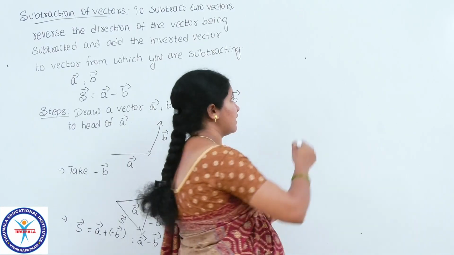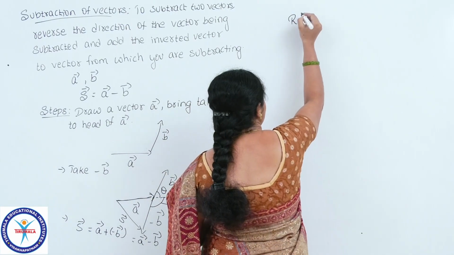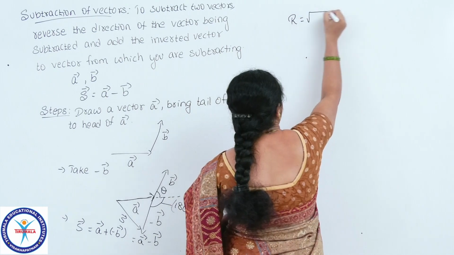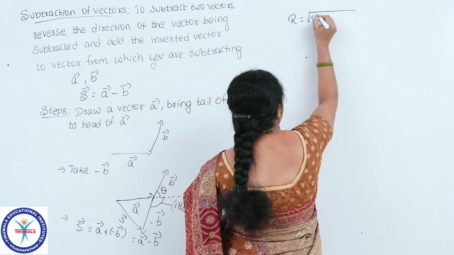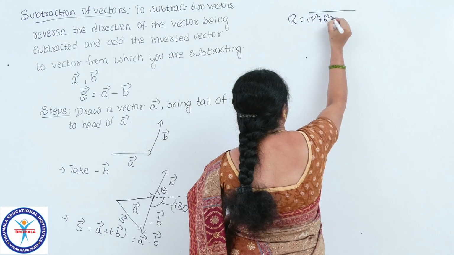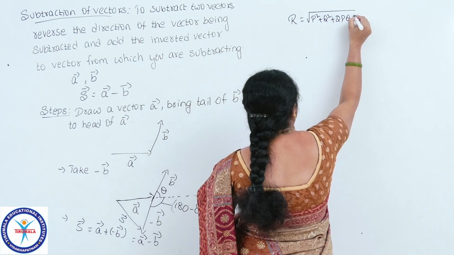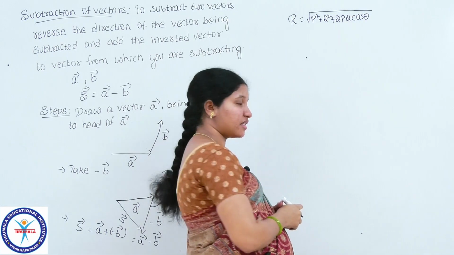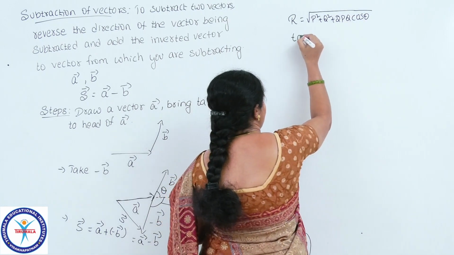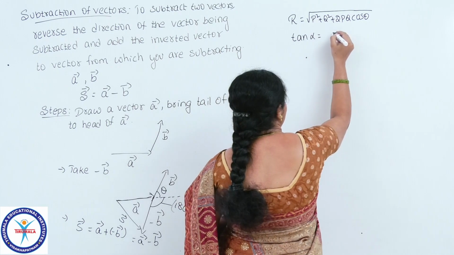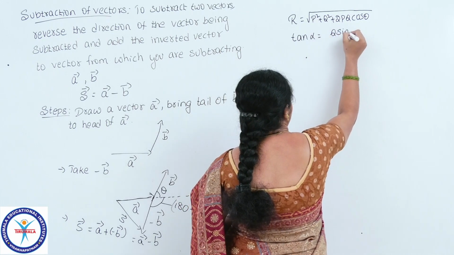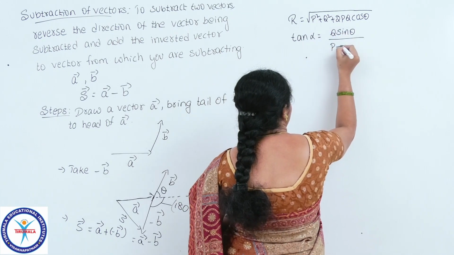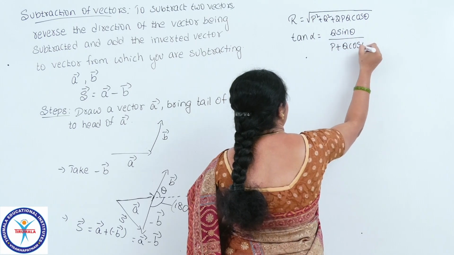The formula for the resultant can be written as R equal to square root of P square plus Q square plus 2PQ cos theta, and the direction is given by tan alpha equal to Q sin theta by P plus Q cos theta.